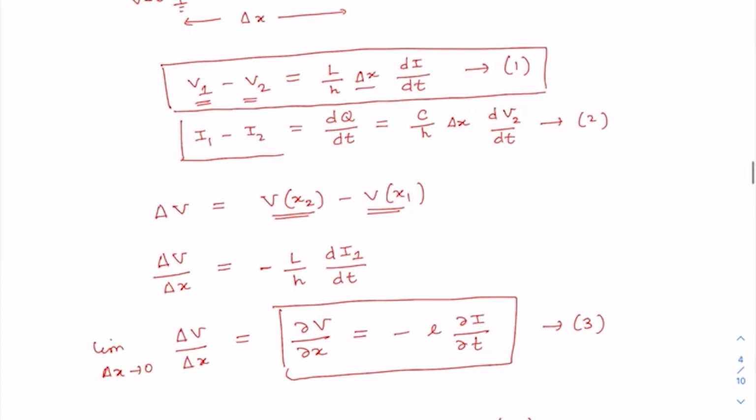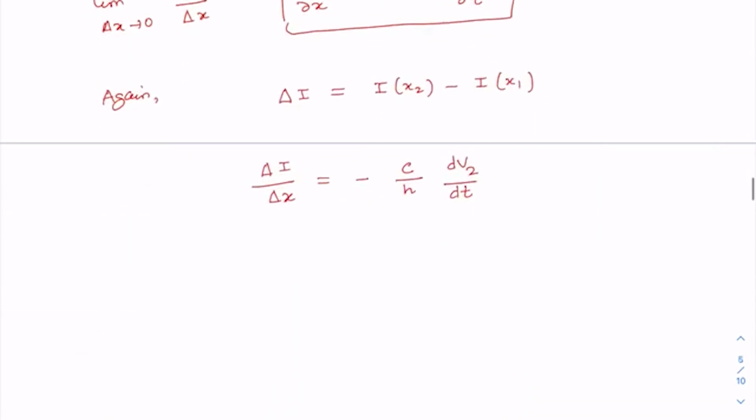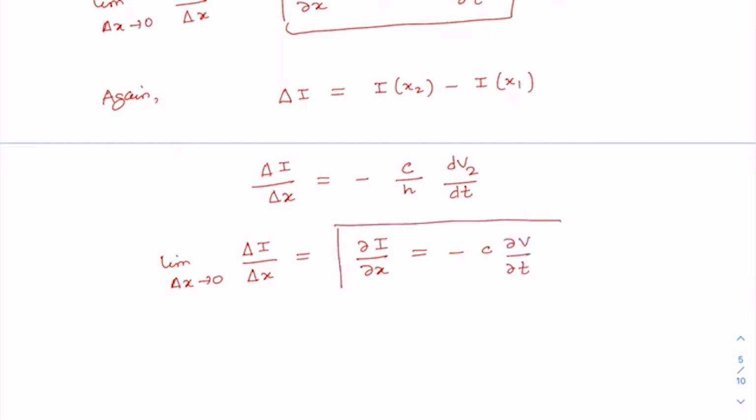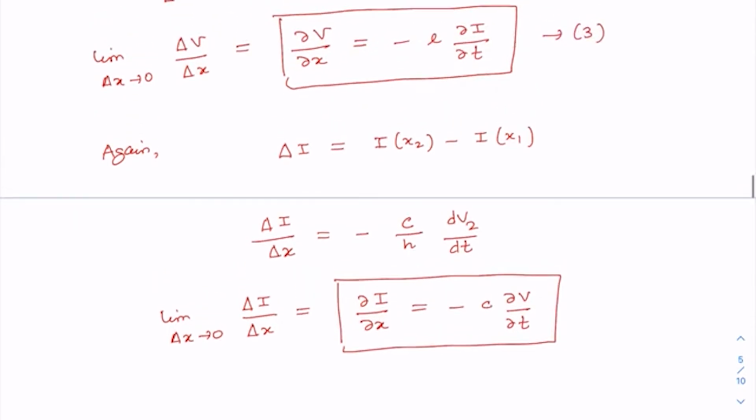Please look at this equation again here. Okay, so again in the limit delta x tends to 0, I can write delta I by delta x as del I del x. That would be equal to, let me write small c, capacitance per unit length, and here I have del V del t. Okay, this is another equation I get.